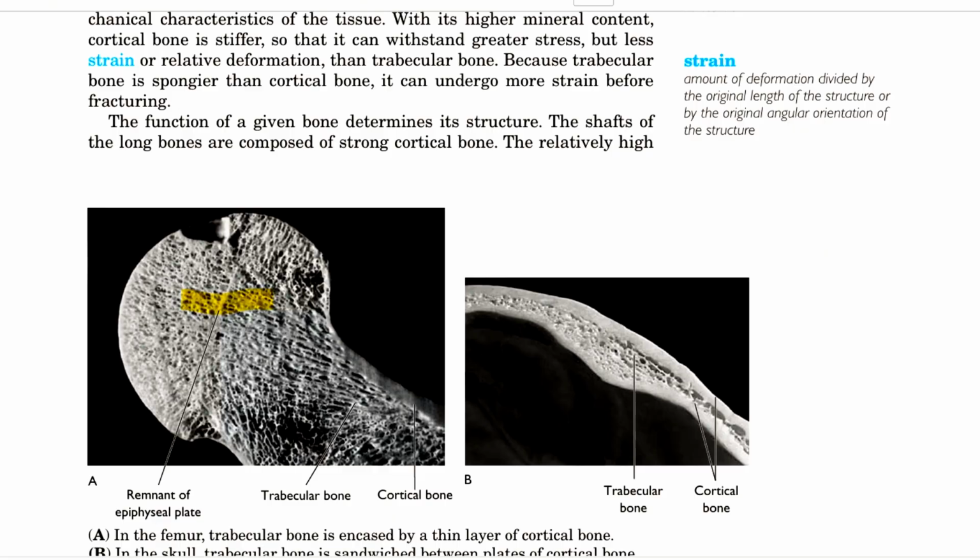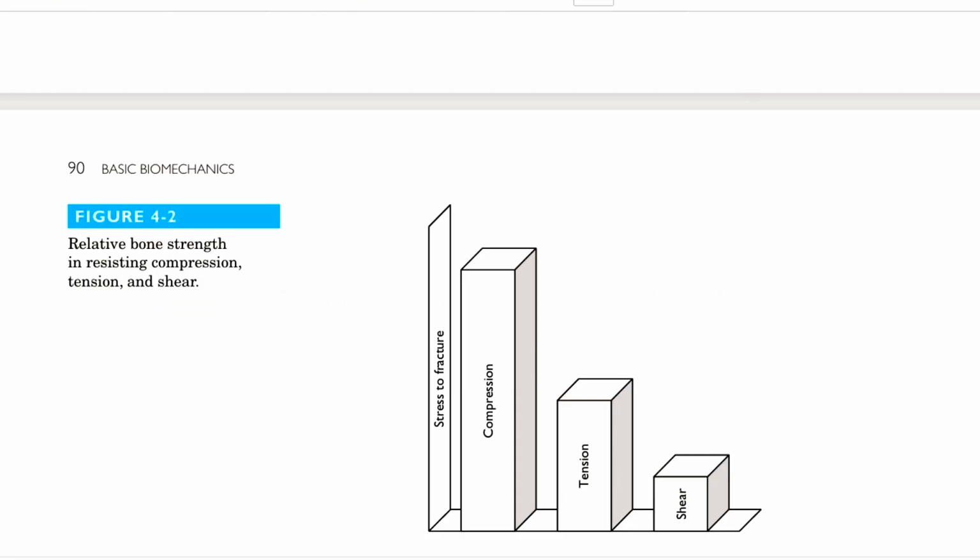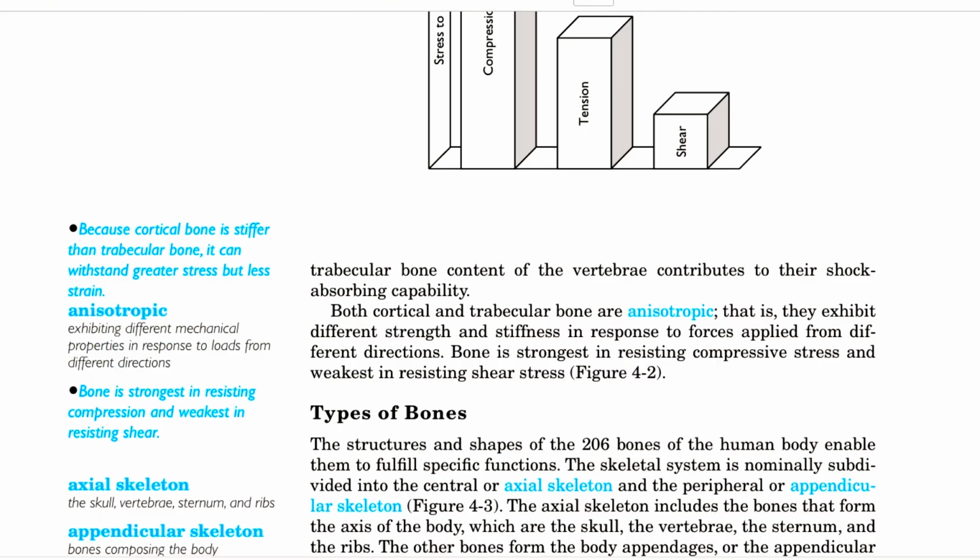Fractures are mostly caused by the direction of the force that is applied. That's why we have discussed before the areas where the force is applied. We have discussed in detail what the forces are.